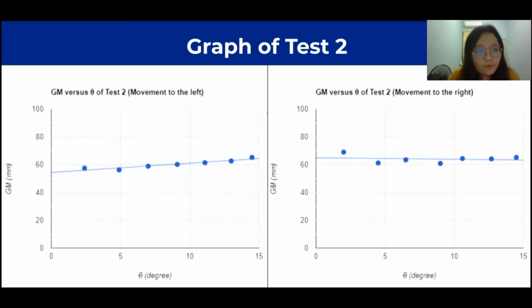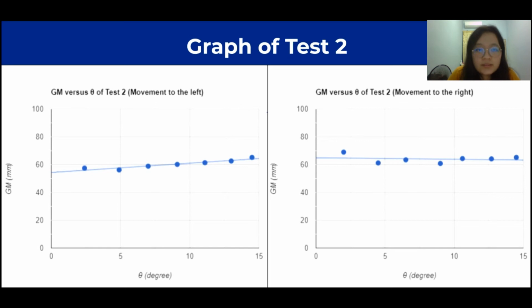For the second graph, it shows the data obtained from the middle of the vertical height, same as the slide above. The left side is the graph of GM versus theta for the movement to the right, and the right side is the graph of GM versus theta for the movement to the left.